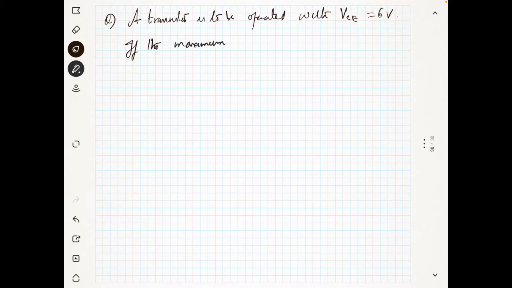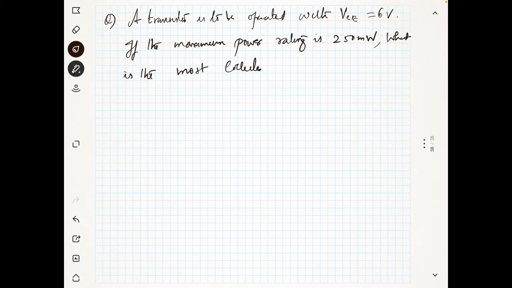If the maximum power rating is 250 milliwatts, what is the most collector current that it can handle?